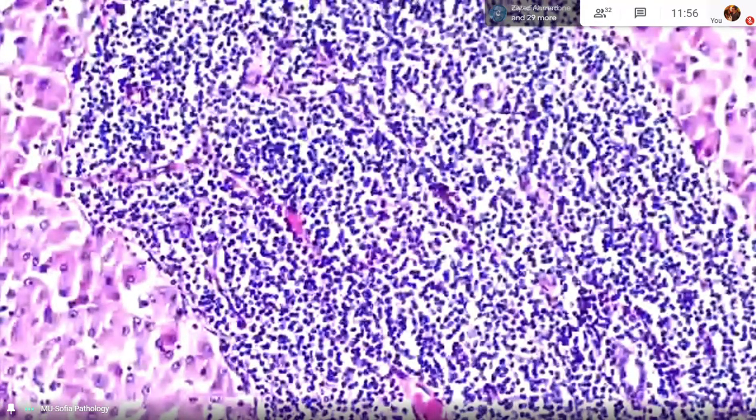The immune system of the patient will be affected most by this leukemia. So we can find high susceptibility to infections. What type of infections? Bacterial infections, mostly.